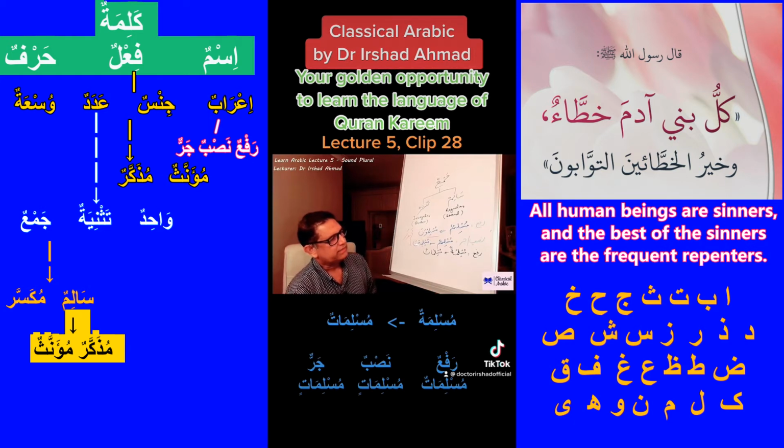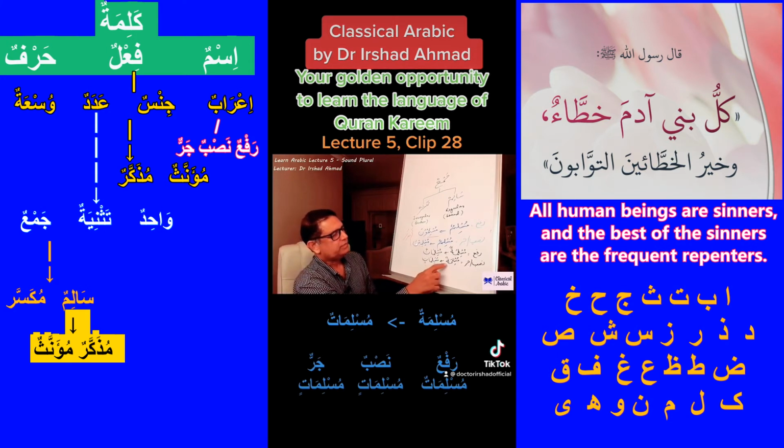So that is rafa. And again in nasab and jar, only one form, one shape. From muslimatun, we get muslimatin.